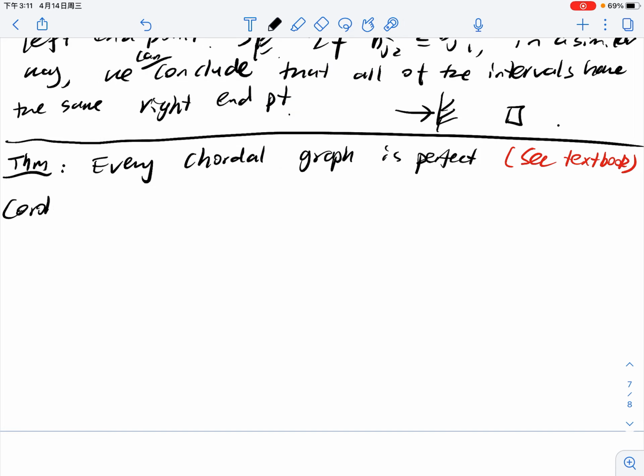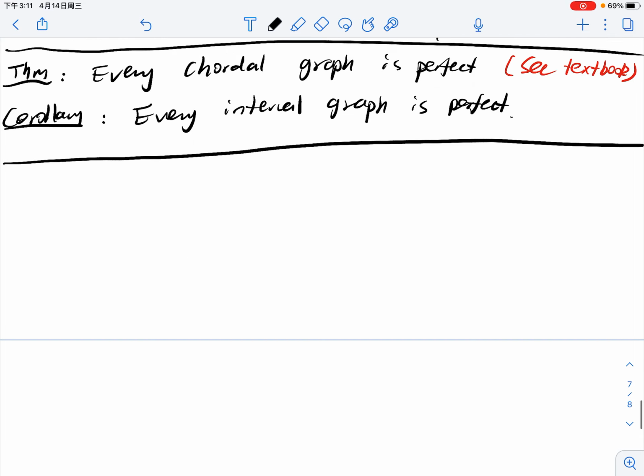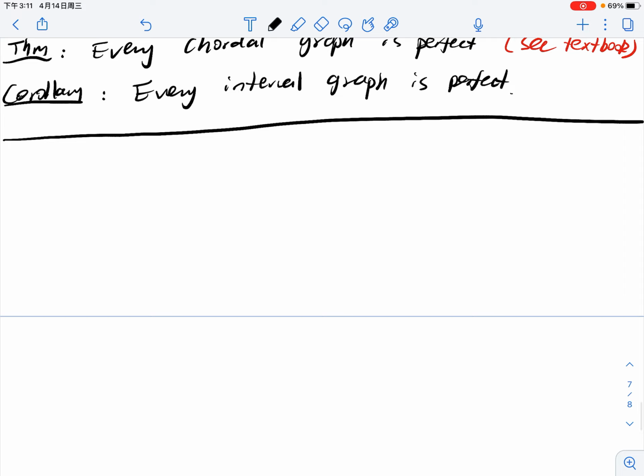And the corollary is that every interval graph is perfect. Therefore, we construct a lot of models of perfect graphs. Okay, next we turn to another topic, which is called matching.